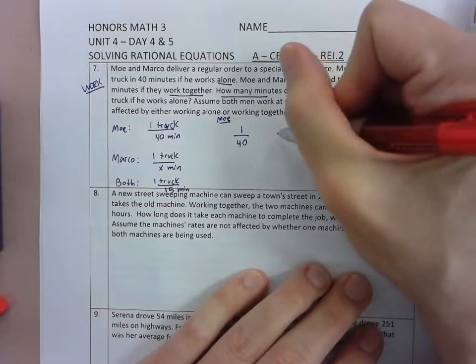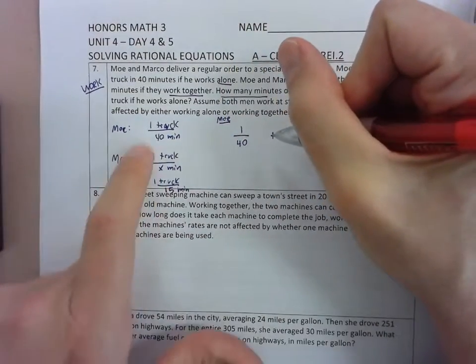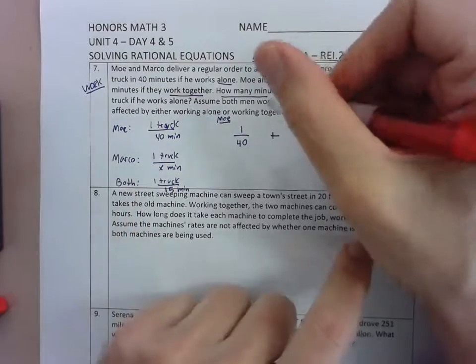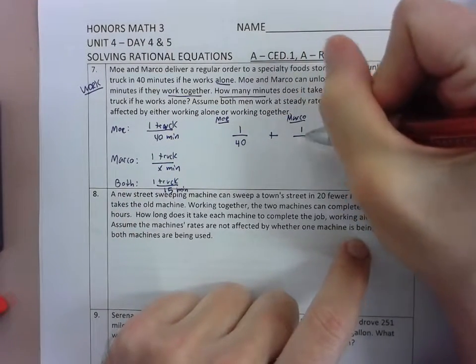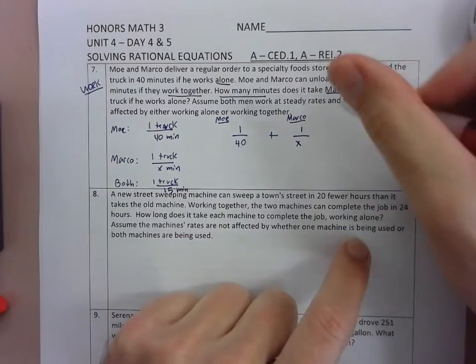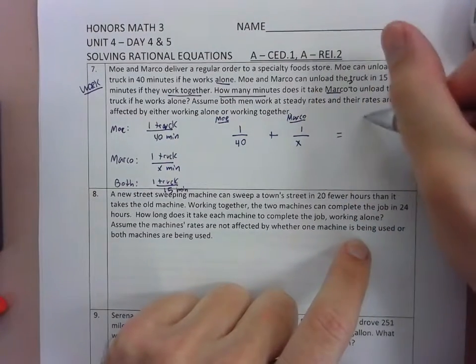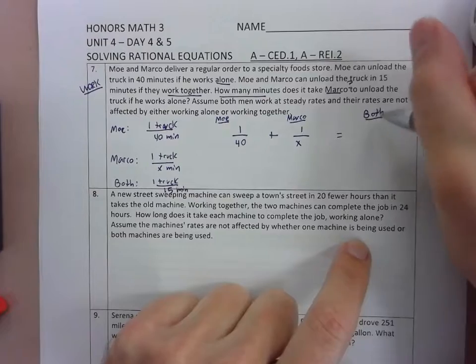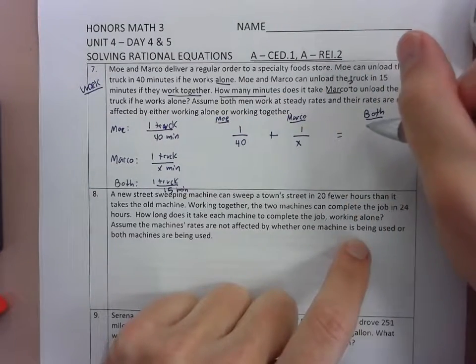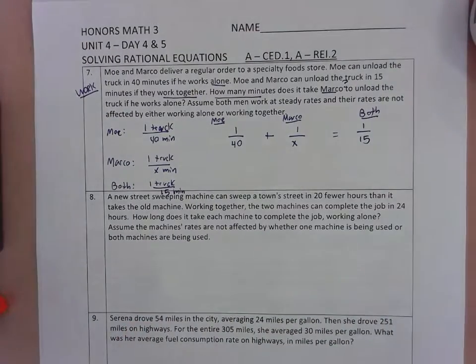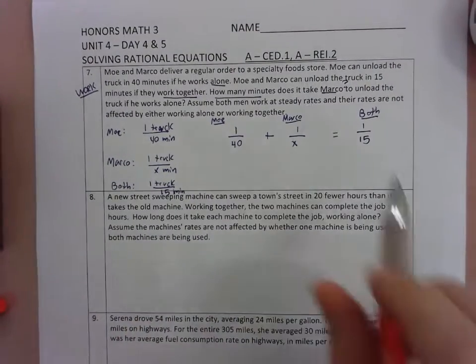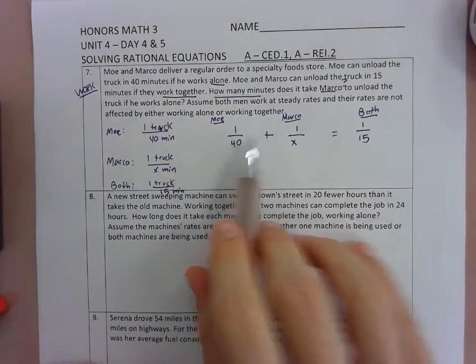We're going to do plus, because Mo works with Marco. So Marco can do his one truck in some unknown amount of time. And we know that both of them, so we'll say together, which is our equals, is going to be one truck, and it takes them 15 minutes. So we can figure out Marco's pace by solving this equation.